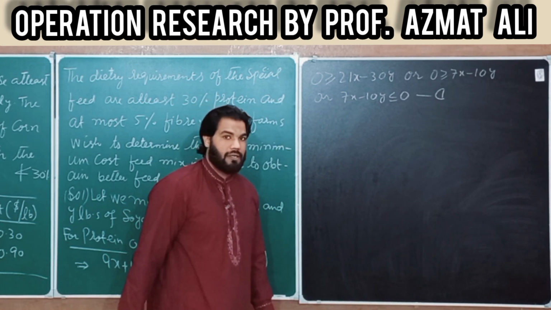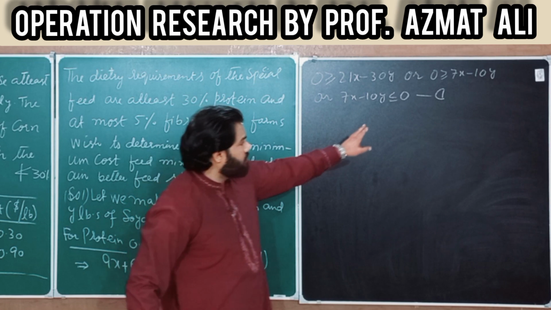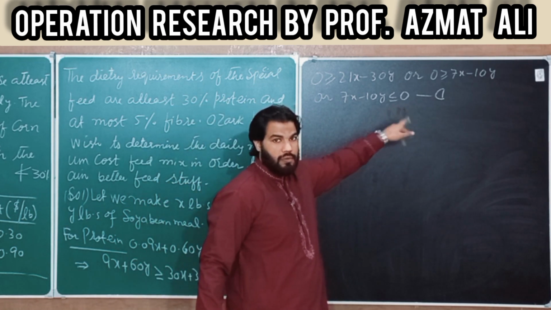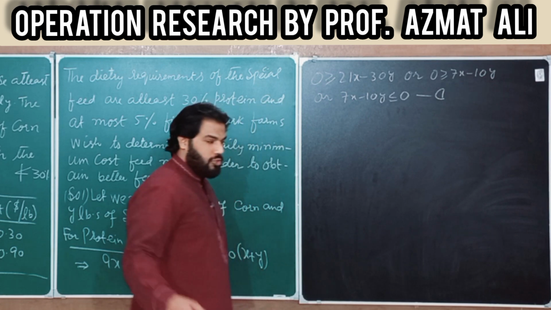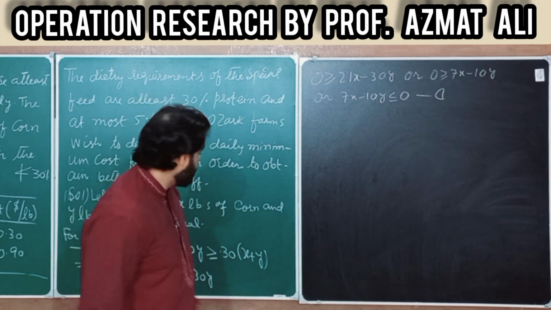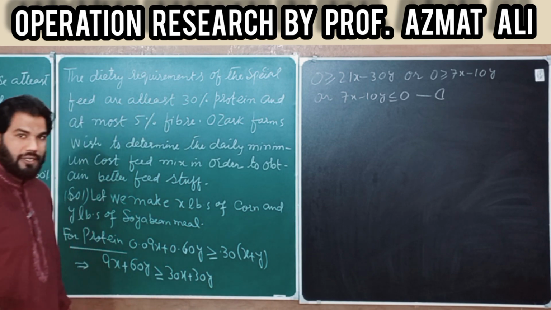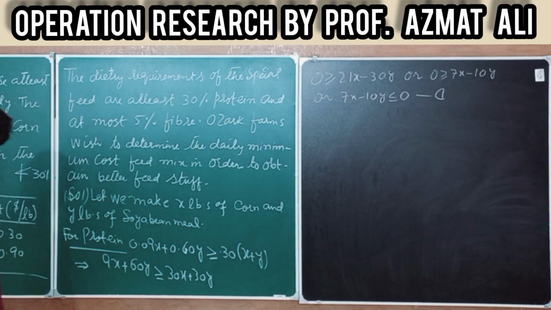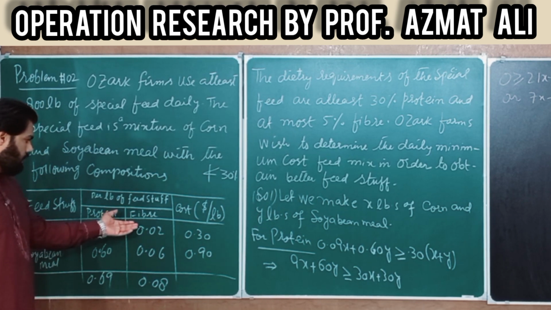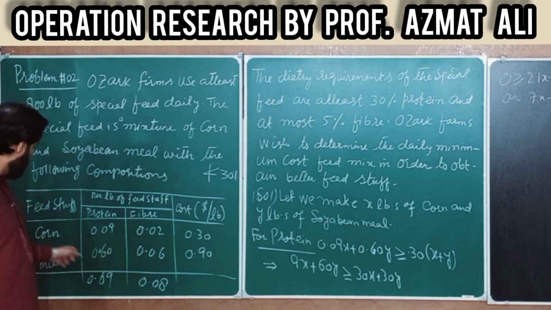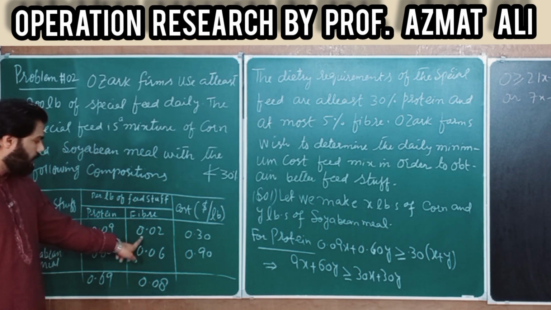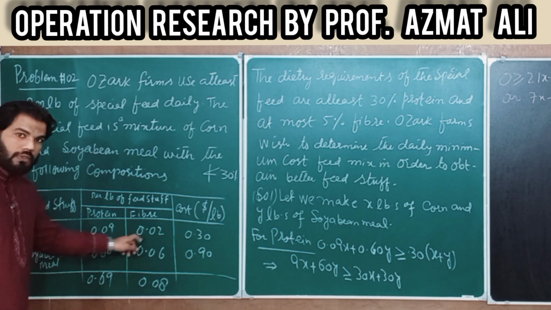You can notice that the right side of this inequality is equal to 0. That shows that the associated equation of this inequality will pass through the origin. Now we make second inequality, that will be for fiber. In per pound of corn, fiber is 0.02.